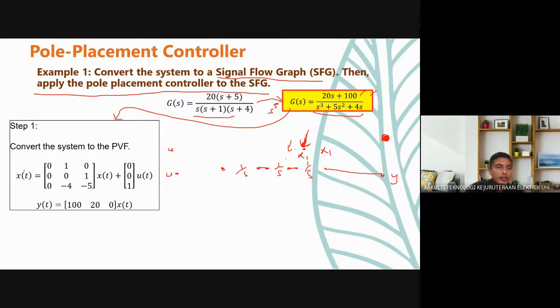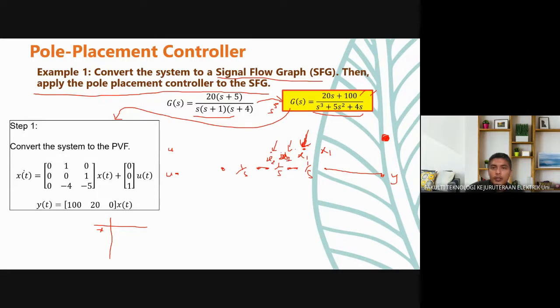If you still remember the table, you have x2. Okay, x2. And here will be, you can answer the question straight away, no problem. x2 dot.